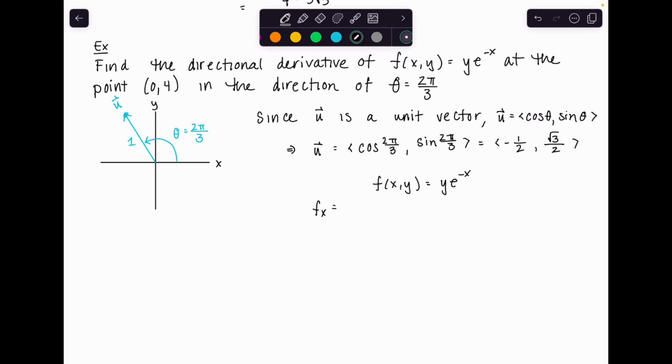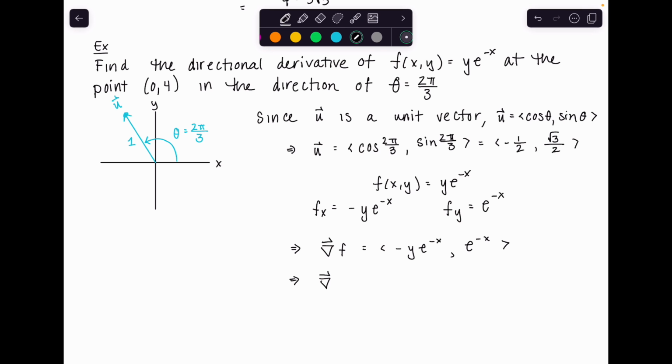Derivative of e to the negative x is e to the negative x, and the minus pops out. So this is negative y e to the negative x. The partial with respect to y, well, derivative of that is 1, so the e to the negative x stays attached. So my gradient vector is going to be (negative y e to the negative x, e to the negative x).